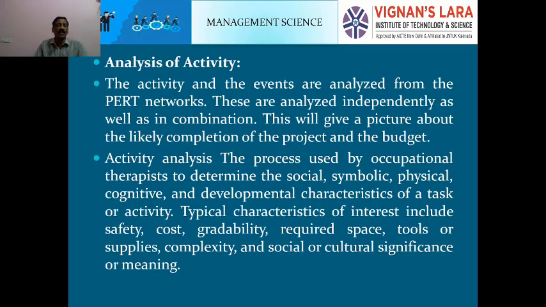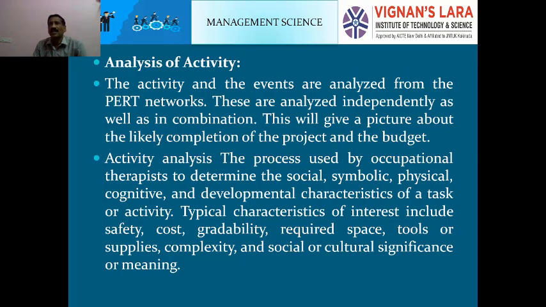The next advantage is analysis of activity. Activity means it is a time duration, which is a part of the critical path method. But the activities can also be made by PERT. That means how many activities are involved in one project can be determined by PERT.